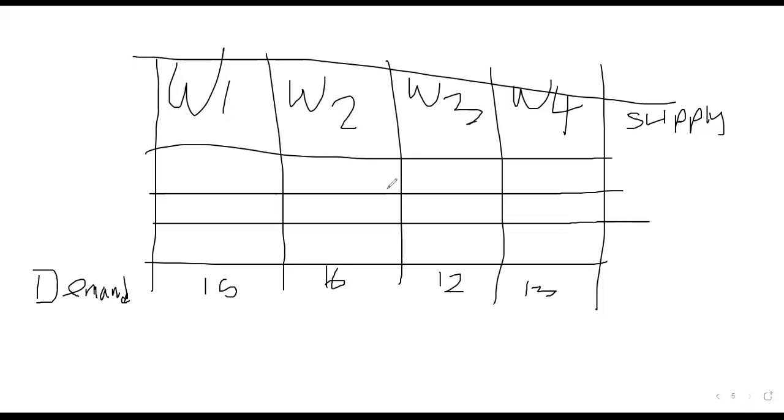Then here we had A, B, C, which is 18, 20, 18, 56.